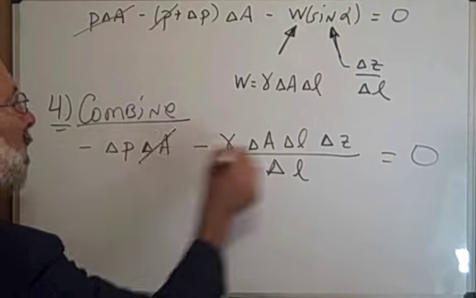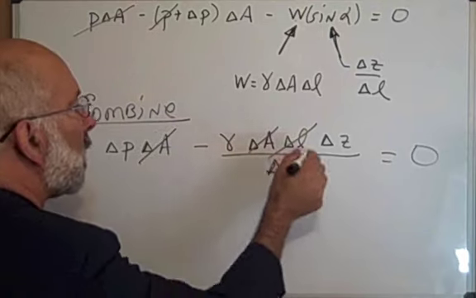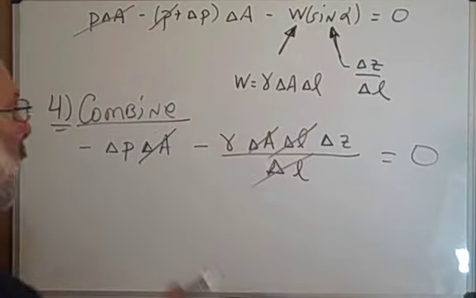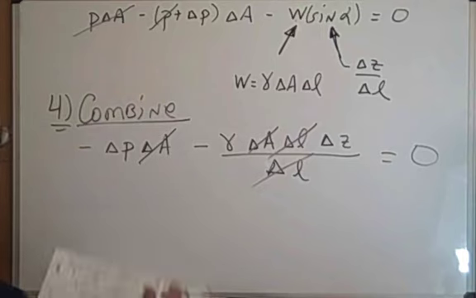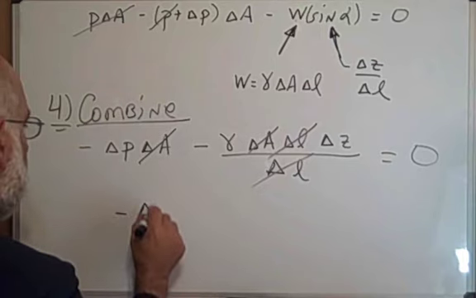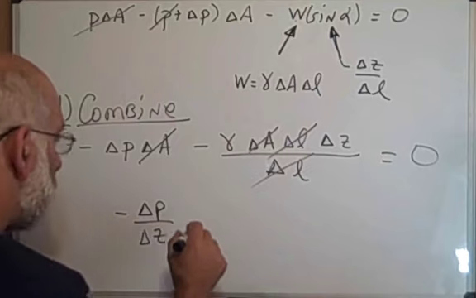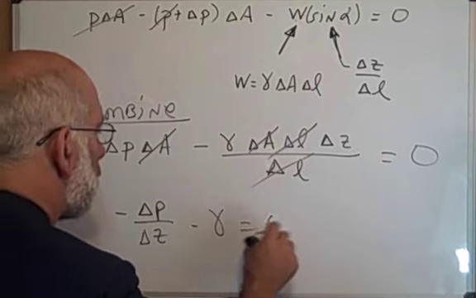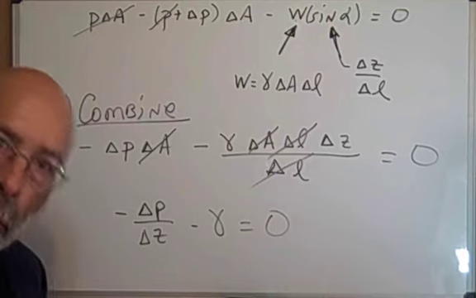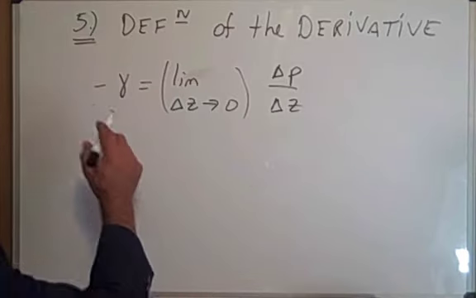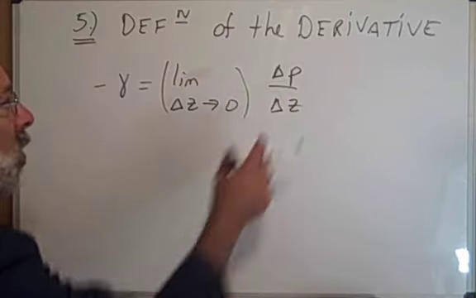And let's see, delta A cancels. This delta L cancels with that term. And we can rewrite the equation as minus delta P over delta Z minus gamma equals 0. Almost done. We can rewrite the previous equation.